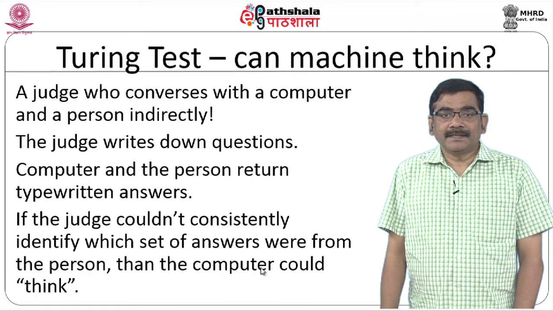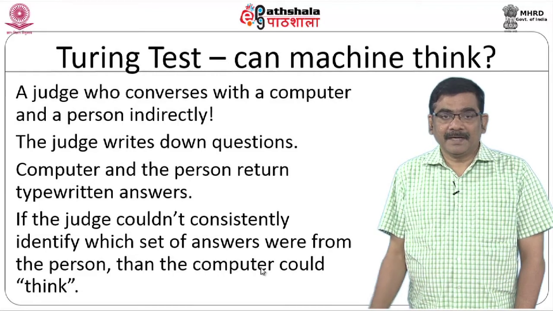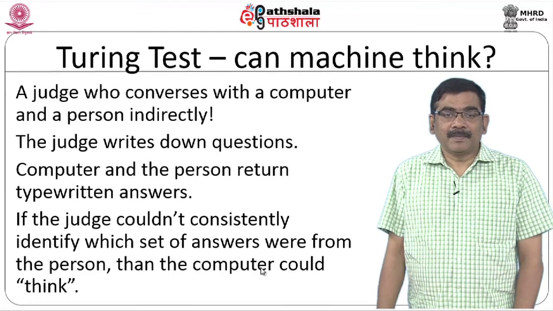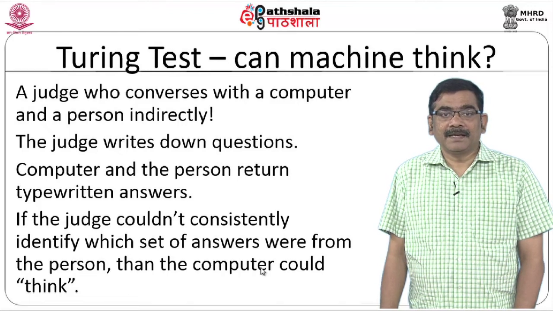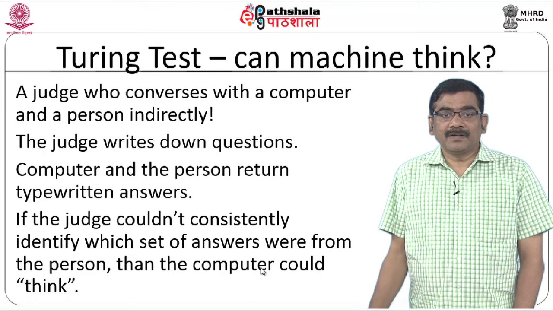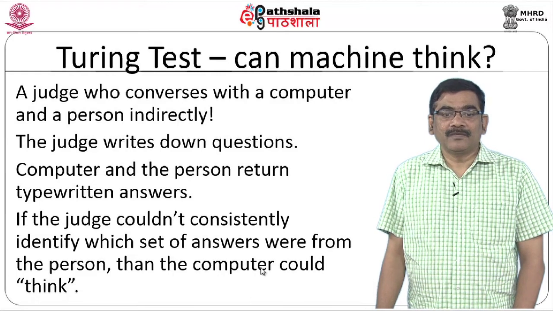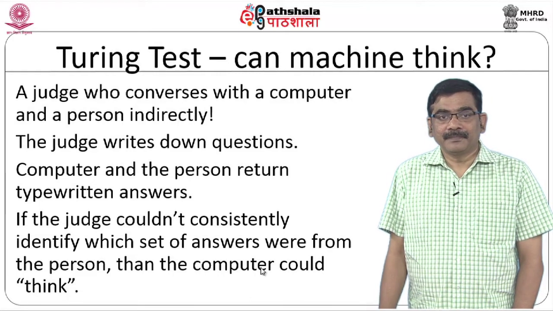So, in the Turing test, if a person and computer masquerade, representing the other personality, can the judge consistently determine which set of answers were from a person and which set came from the machine?